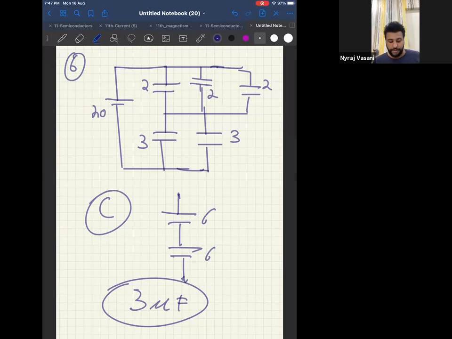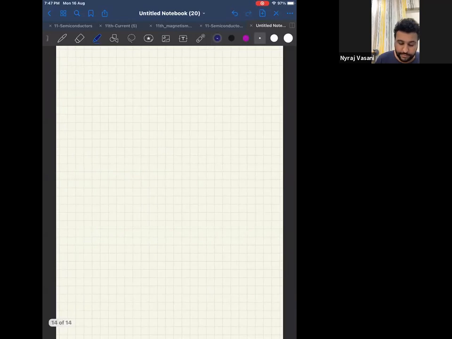On the page, come to question number 9. Start. You just have to simplify each and every combination and tell me which combination will give you the desired result for question number 9.